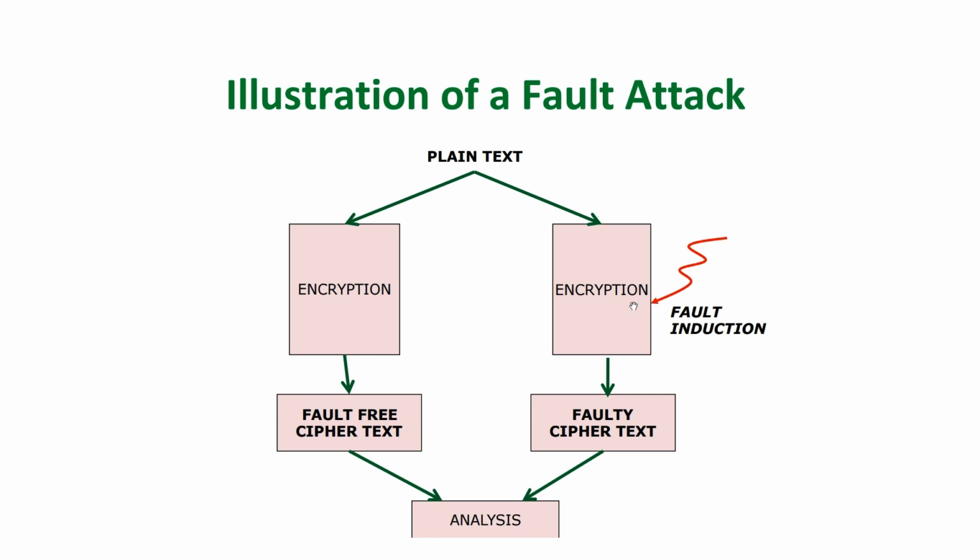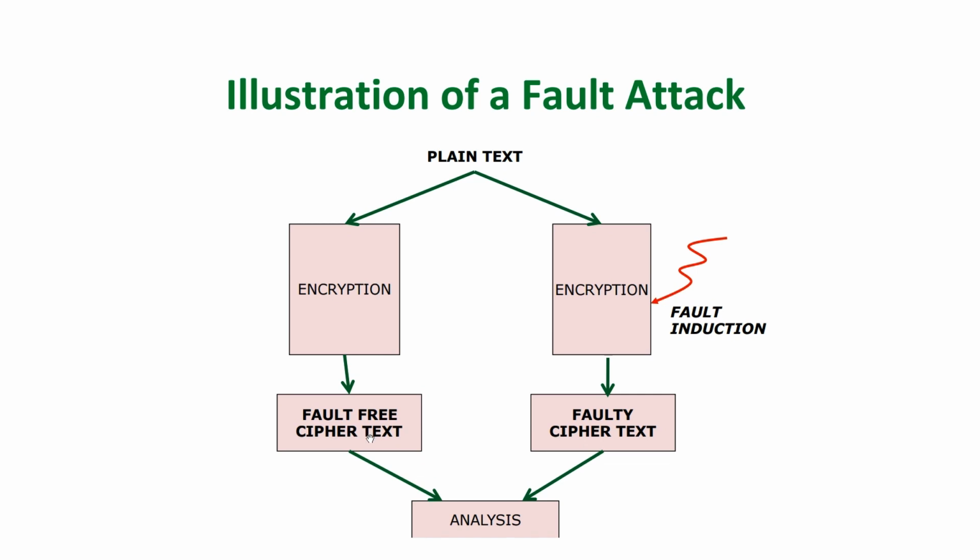The fault would toggle a few bits during the computation, or skip a few instructions, or manipulate what operation is being executed during the execution. As a result of this fault that is induced, the ciphertext that is obtained would be incorrect. Thus, the attacker would have a faulty ciphertext which looks different from the original fault free ciphertext.